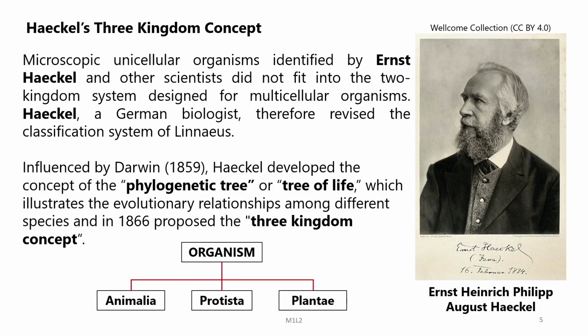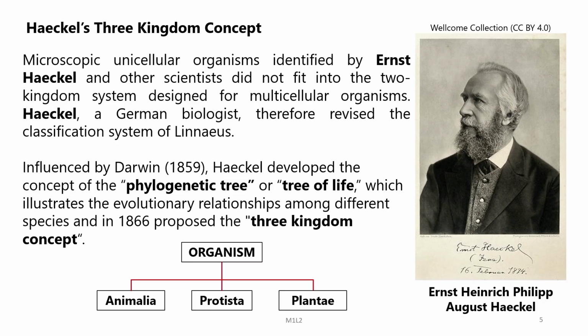The reason for his expansion of this classification was related to microscopic unicellular organisms, which he and other scientists of that time had identified, and they found that these did not fit into the 2 kingdom system designed for multicellular organisms. So, Haeckel revised this classification system put forward by Linnaeus.